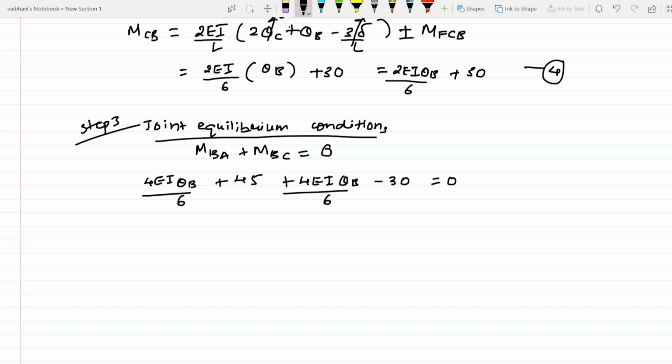On simplification, what you get here? 4EI theta B by 6, 4EI theta B by 6. So it will be 2 times 4EI theta B by 6 plus 45 minus 30, it is plus 15 equal to 0.